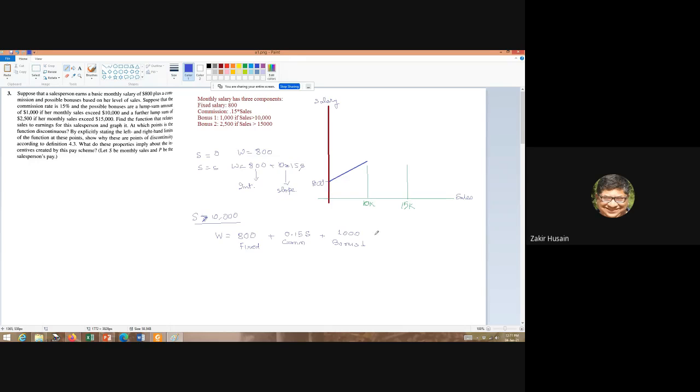If you look at this equation, does the slope change or does the intercept change? The intercept changes only. The intercept becomes 1,800. So initially it was 800 plus 0.15 S. Now it is 1,800.